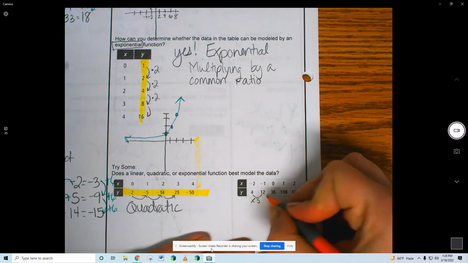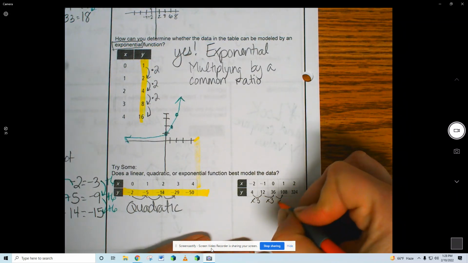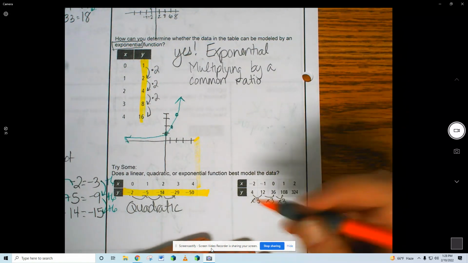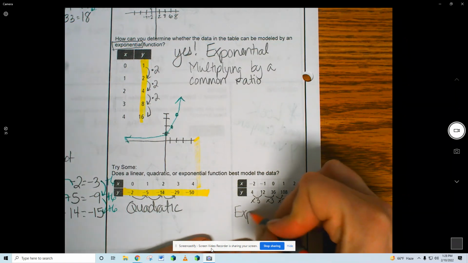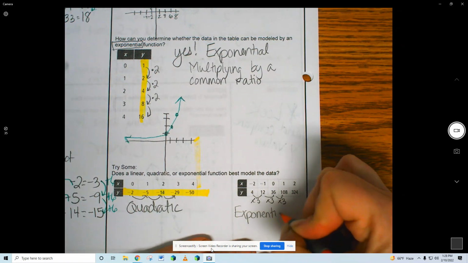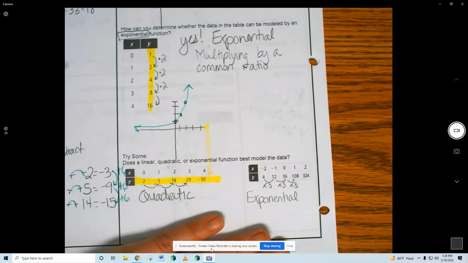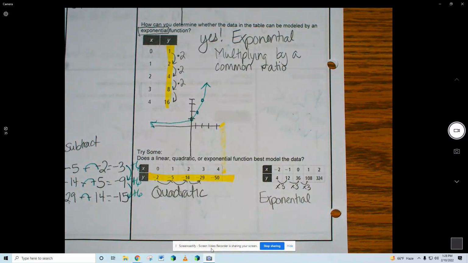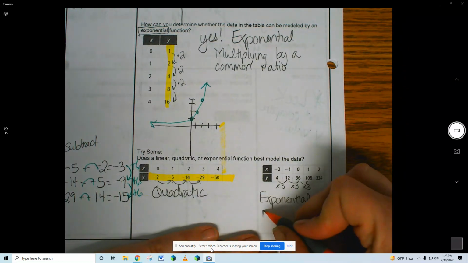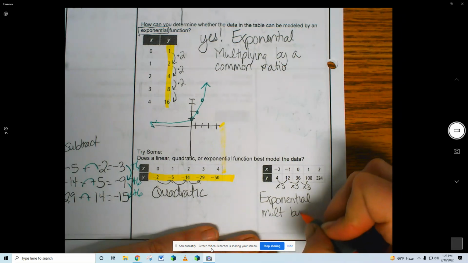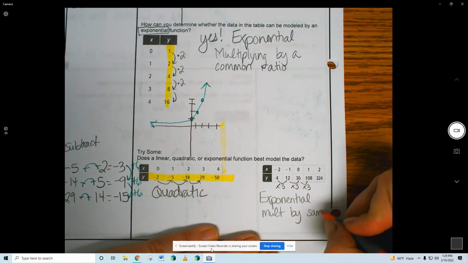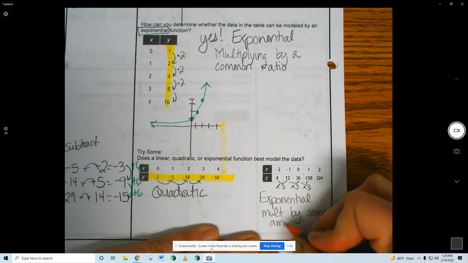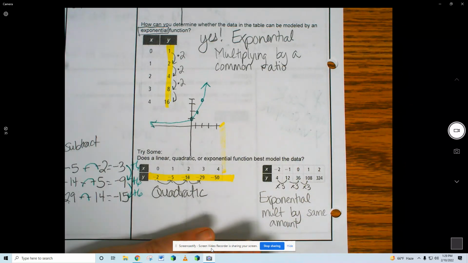Times 3. Exponential. And exponential means that I'm multiplying by the same amount. Okay?